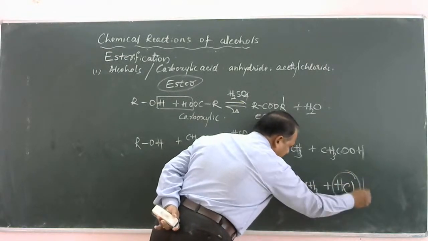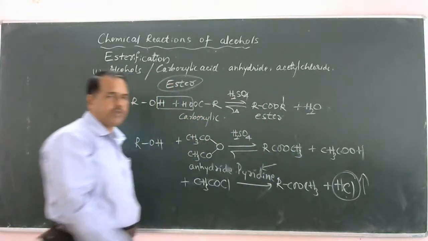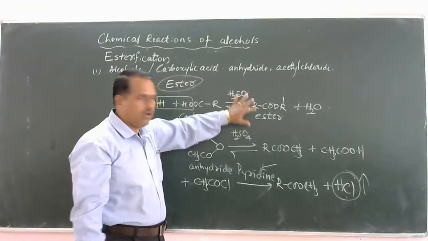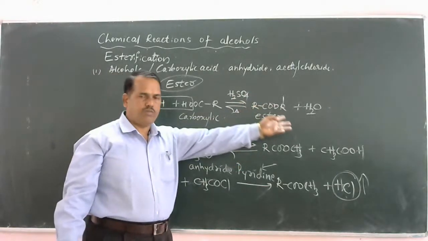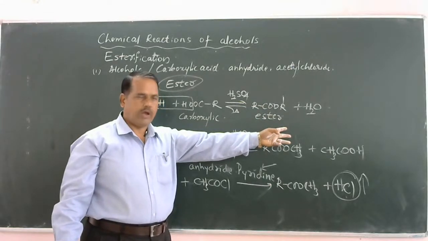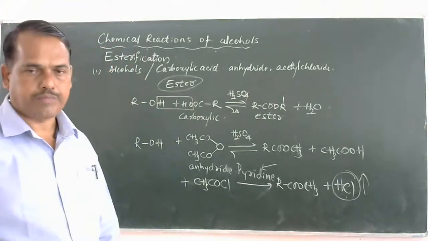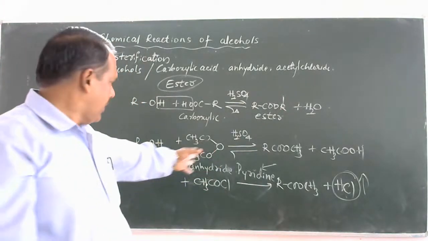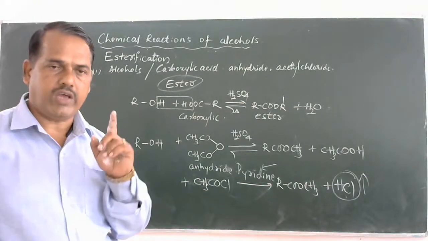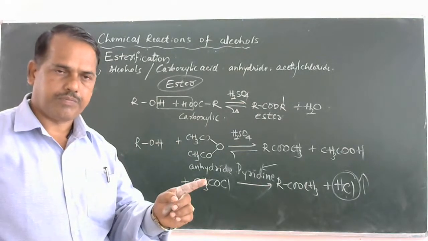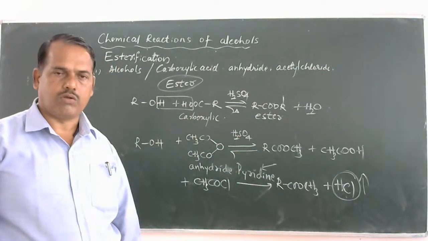This HCl is absorbed by the base pyridine. See, these reactions are always reversible in nature, as a water molecule is produced, and therefore we have to use concentrated H2SO4. Are you clear? So when the alcohol reacts with acetyl chloride, you have to use pyridine in order to absorb the produced HCl, hydrochloric acid.